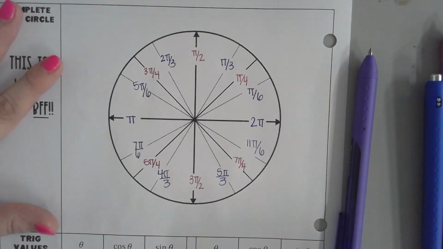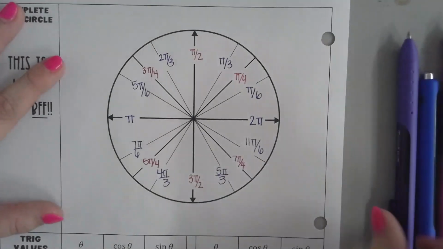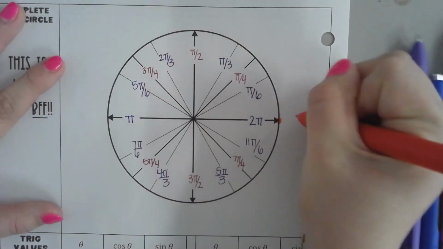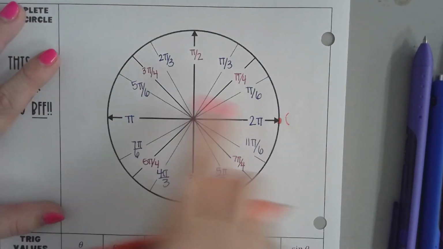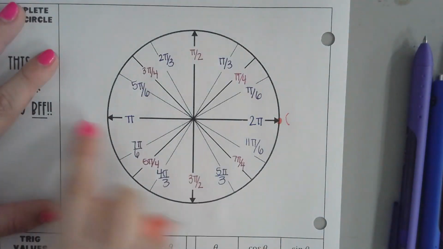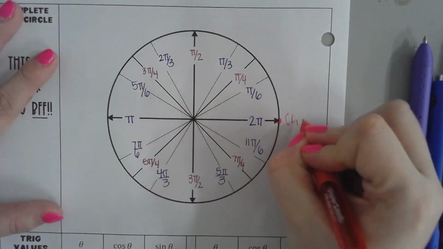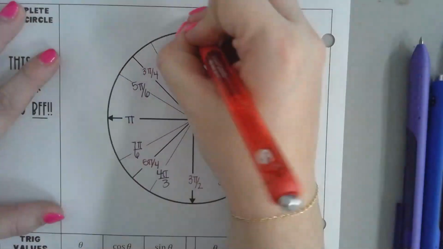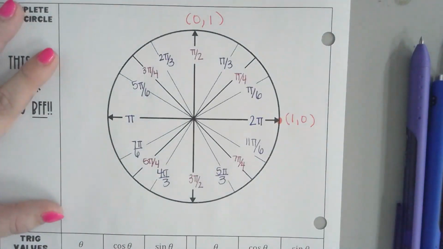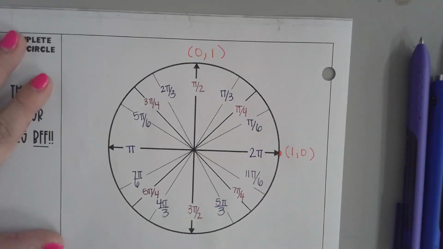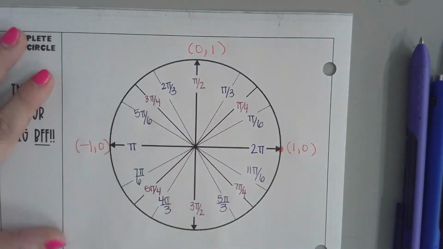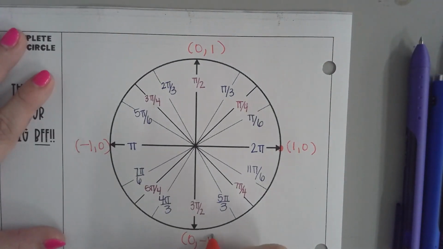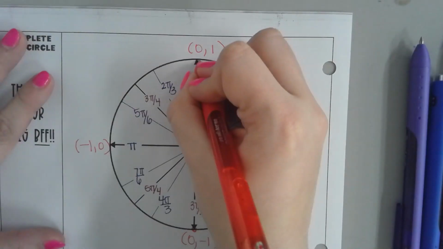And then we can start looking at our coordinates, our points. I would go fill in these 4. Okay, this is 1, 0, 0, 1, -1, 0, and 0, -1. That's where those points are.